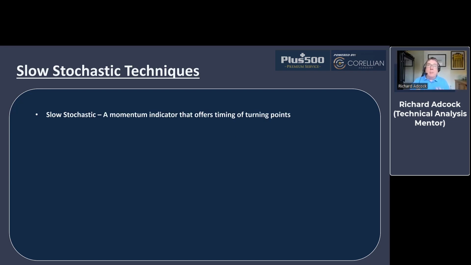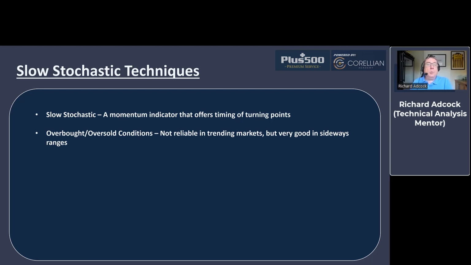Now, it's a momentum-based indicator that offers turning points within market activity, and it allows us to gauge when the market is getting overextended or indeed just resuming an ongoing trend. And basically, people will use it as an overbought, oversold indicator. So if we're above, say, 70%, people will class the market as being overbought.